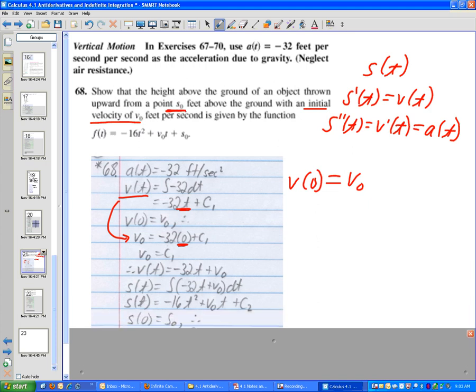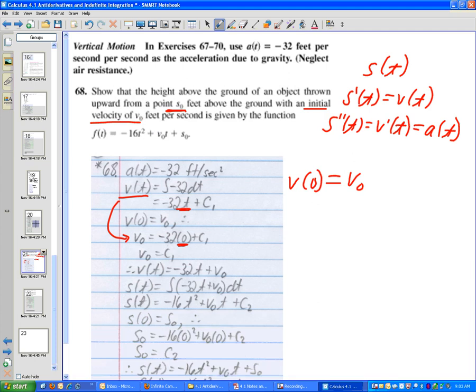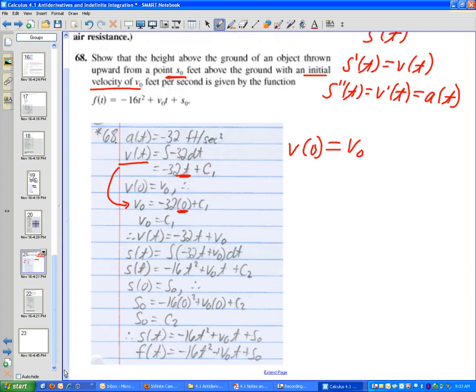So s of 0 equals s0. So s0 equals negative 16 times 0 squared plus v0 times 0 plus c2. That means s0 equals c2, and that is our particular solution.